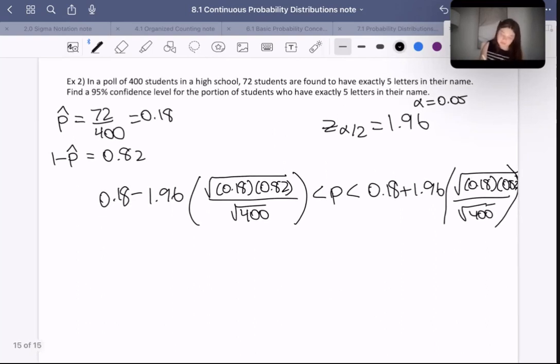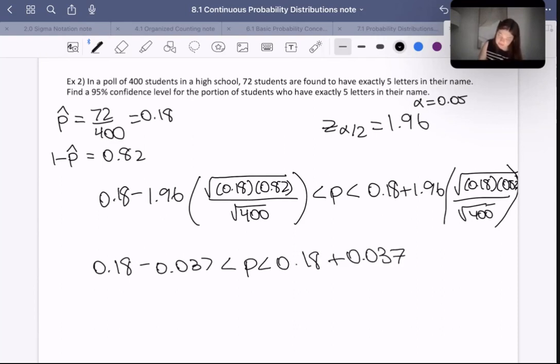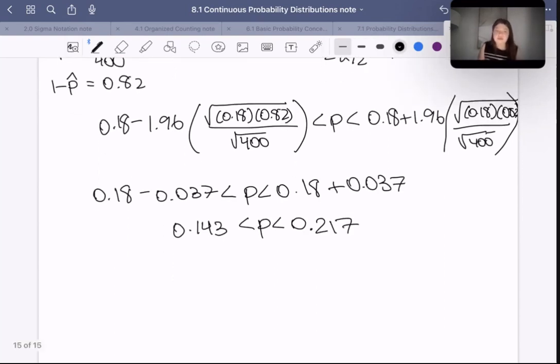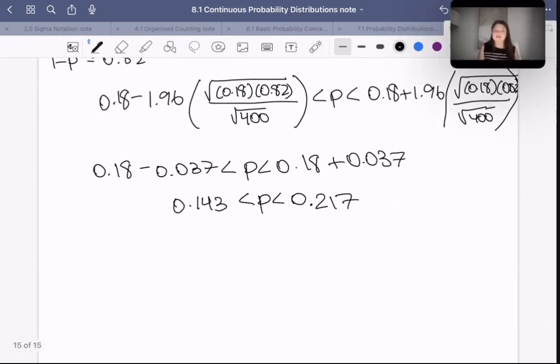So that is going to be equal to what? Let's calculate this. We're going to end up with 0.18 minus 0.037 and 0.18 plus 0.037, which is going to be 0.143 and 0.217.